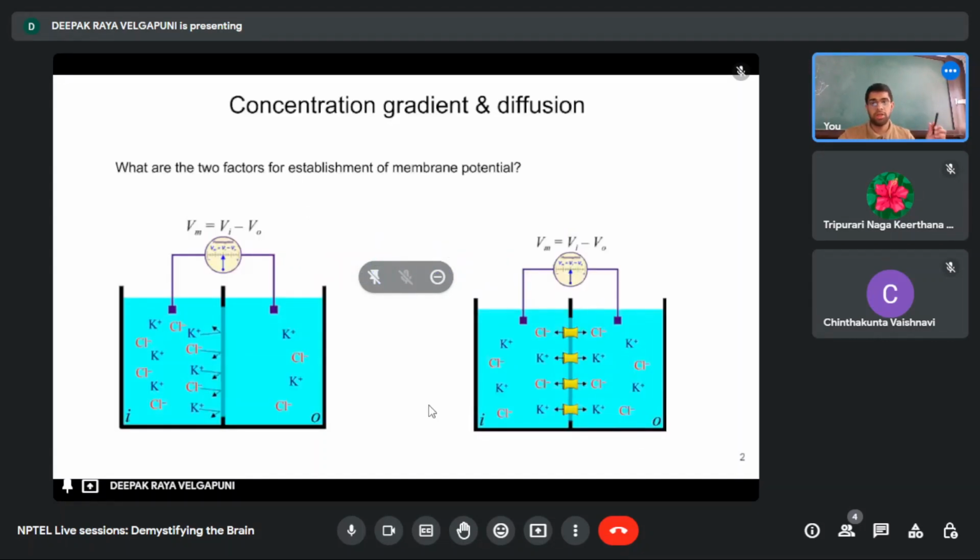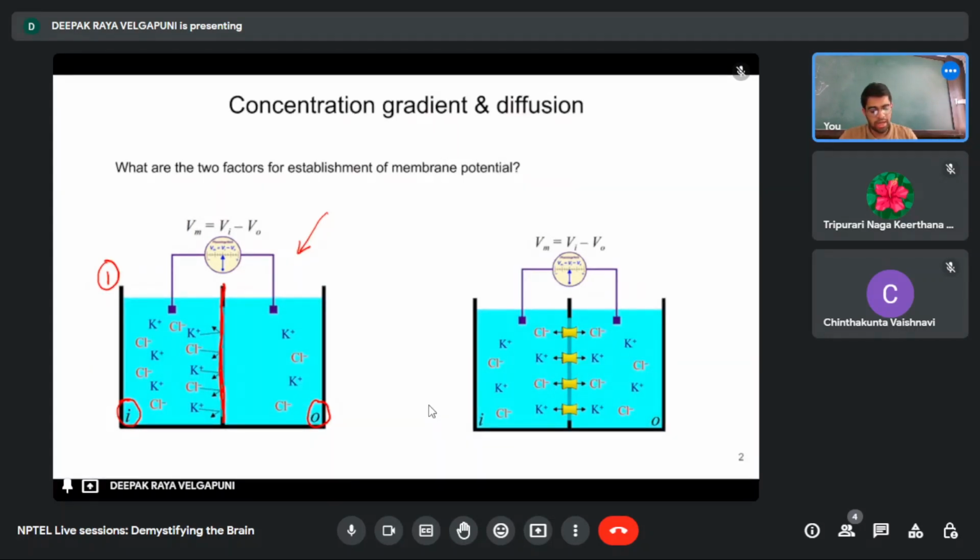So first, let's discuss what are the two main factors for the establishment of a membrane potential. Here, in the first scenario, you have a membrane with one side of a cell, the I side on the left and the O side on the right, separated by an impermeable membrane where there is no way that particles from one side diffuse to the other side.